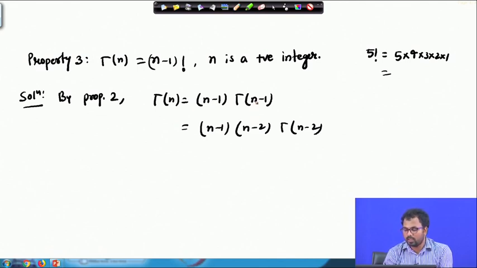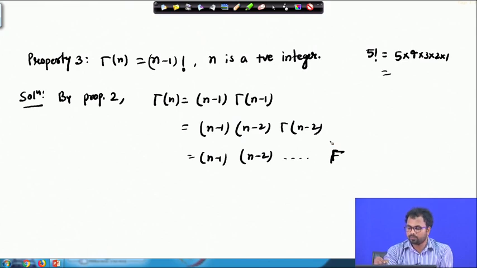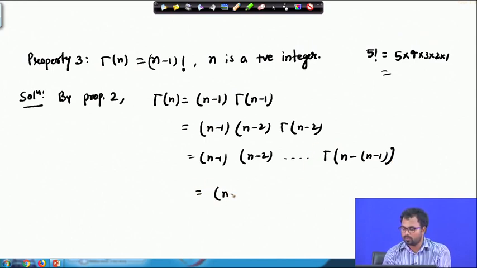I can write gamma n as n minus 1 times n minus 2 times gamma n minus 2. Similarly, I will proceed like this.